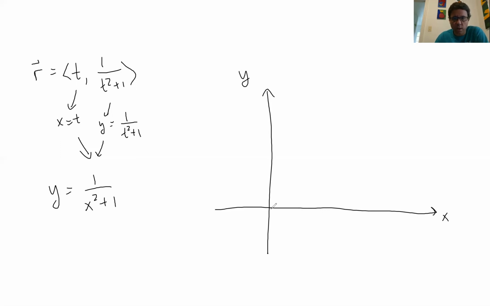I only really needed it at 1, but if I did plot this whole thing, let's see. If I plug in 1, I'm at a half. So that's the point that I'm actually at. Plug in 0 and I get 1. If I plug in something like 2, I'd be down here at a fifth.